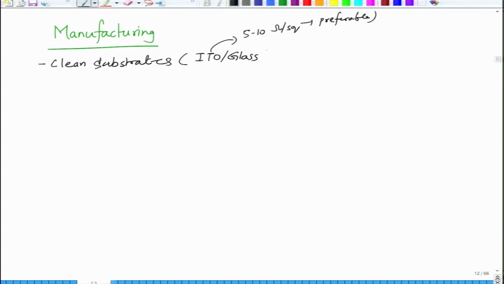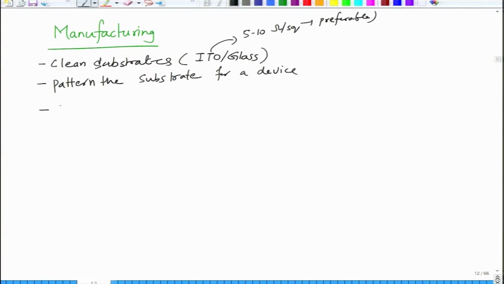Lower sheet resistance is preferable. Clean the substrate, then you pattern the substrate, so that the junctions are made at designated places, for a given device structure.